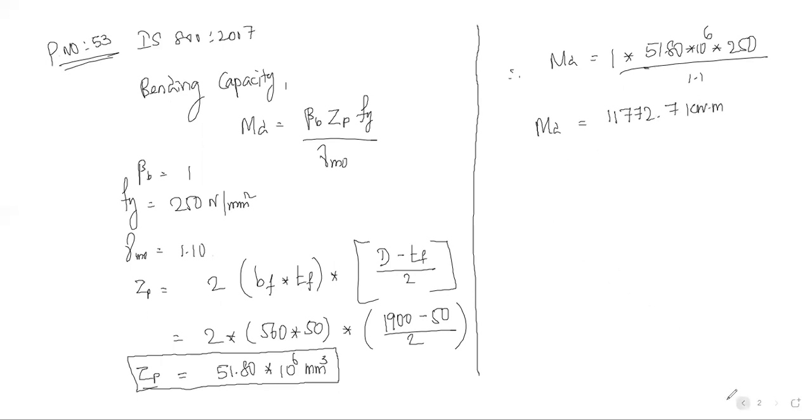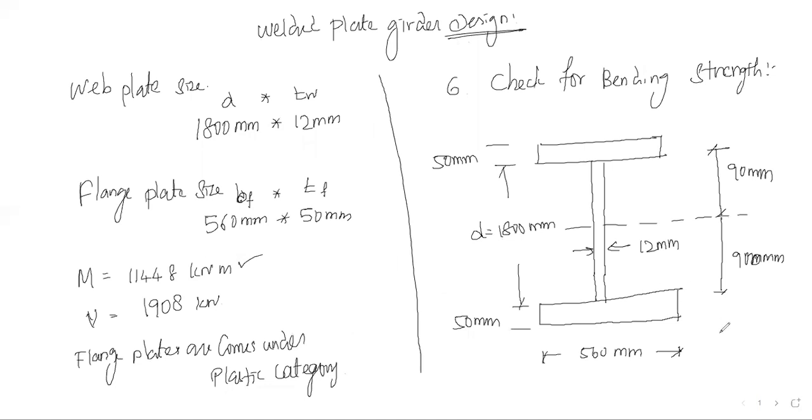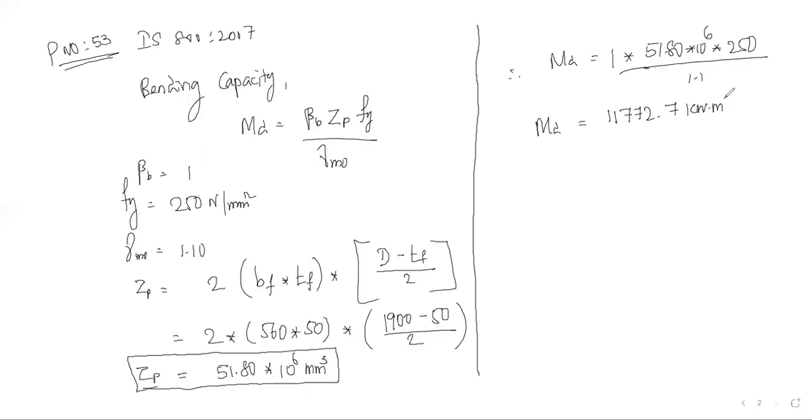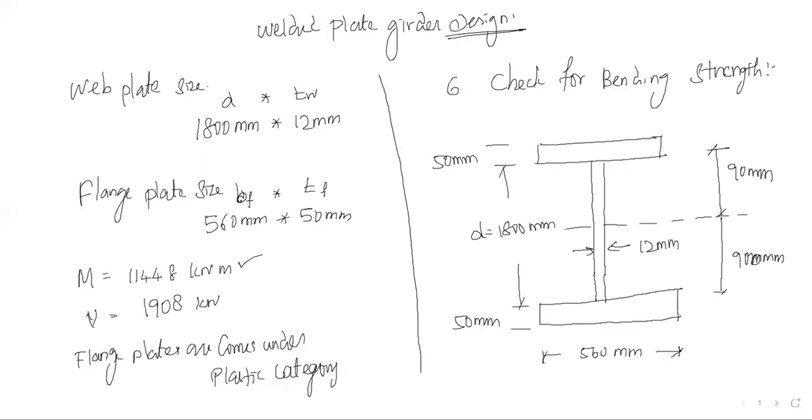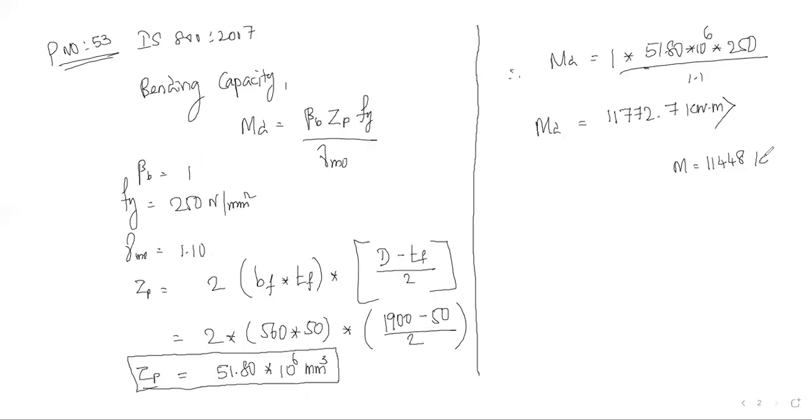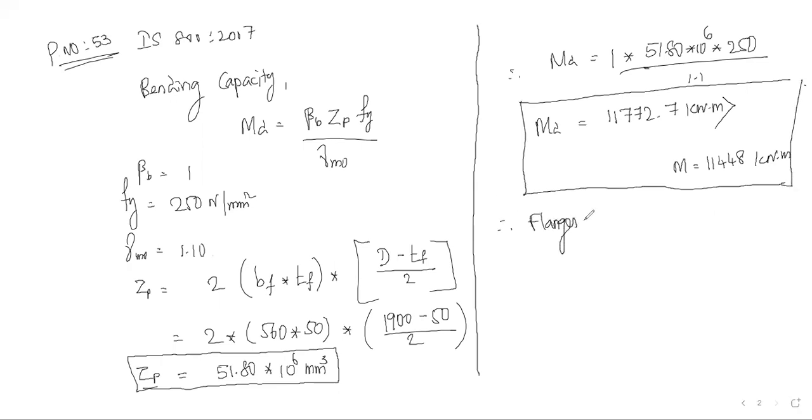This value is greater than our moment due to load, which is 11448 kilonewton meter. Hence the flanges are safe to transfer the bending moment. Therefore flange plates are safe in bending moment. So this is with respect to step 6.